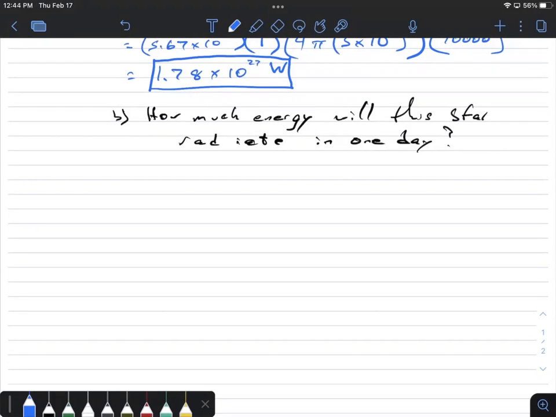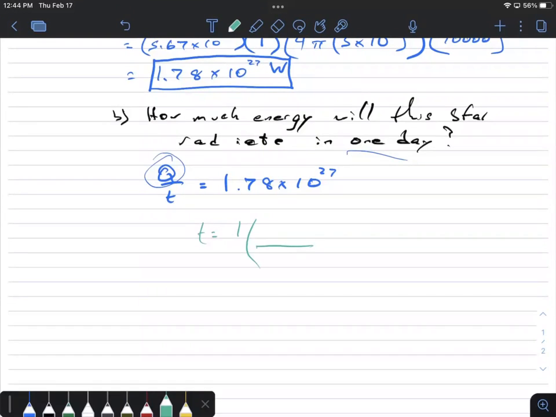Well, I know the power. Power is Q over T, and I know that number now is 1.78 times 10 to the 27. But what I want is just the Q, how much energy, knowing that the time is 1 day. So the first thing I'm going to do is say, how many seconds are there in 1 day? So T will be 1 day.